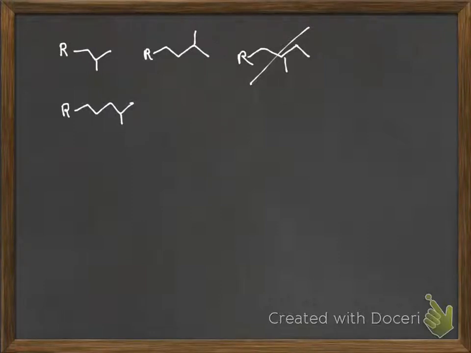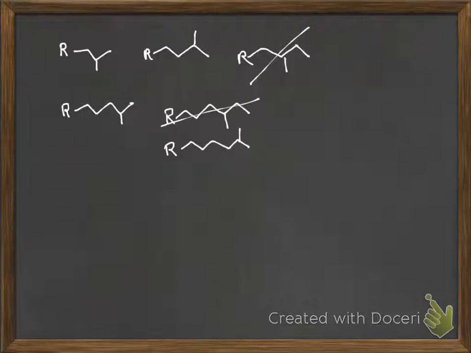That's an iso group. And we do one more. It's like a game. Is that an iso group? No. Where do I have to put this group for it to be iso? Just before the last carbon. That's an iso group. So that one's not one either.